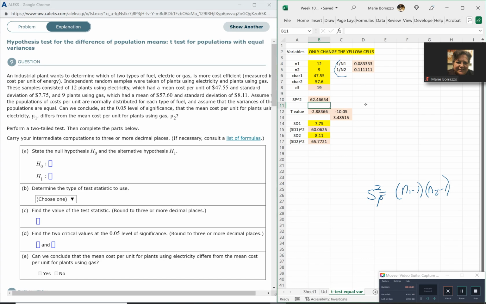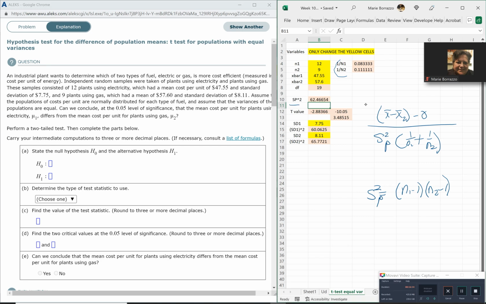At the very bottom of this formula, you're going to start with x bar 1 minus x bar 2, and this minus 0, and you're going to divide this by this S squared P times 1 over n1 plus 1 over n2.